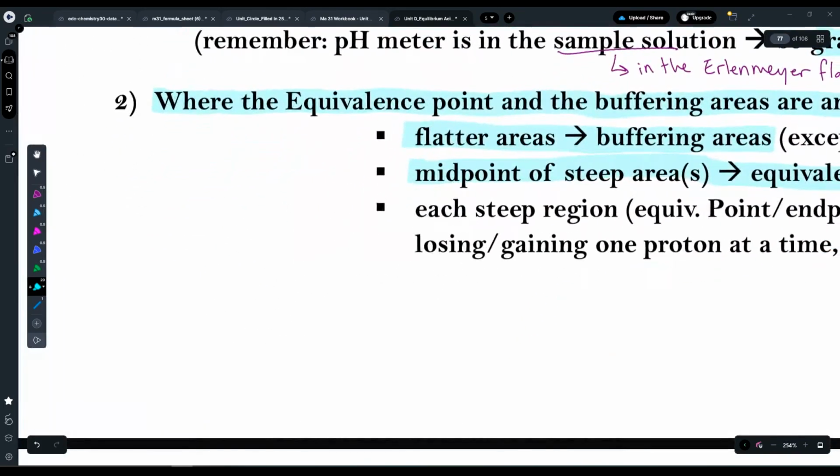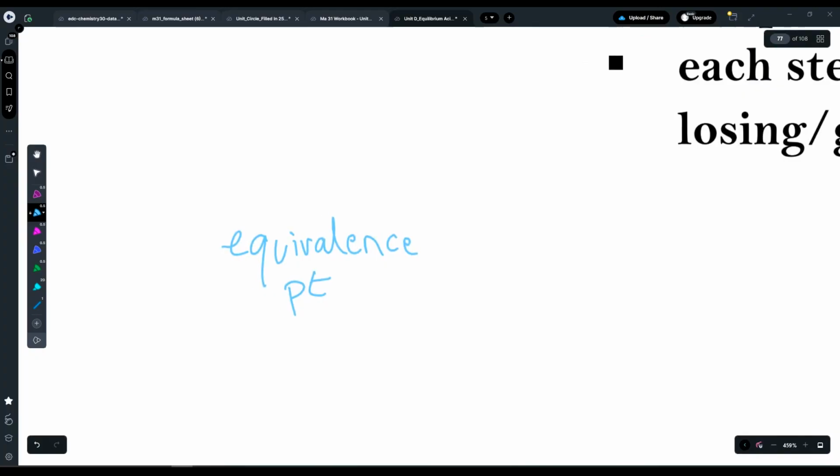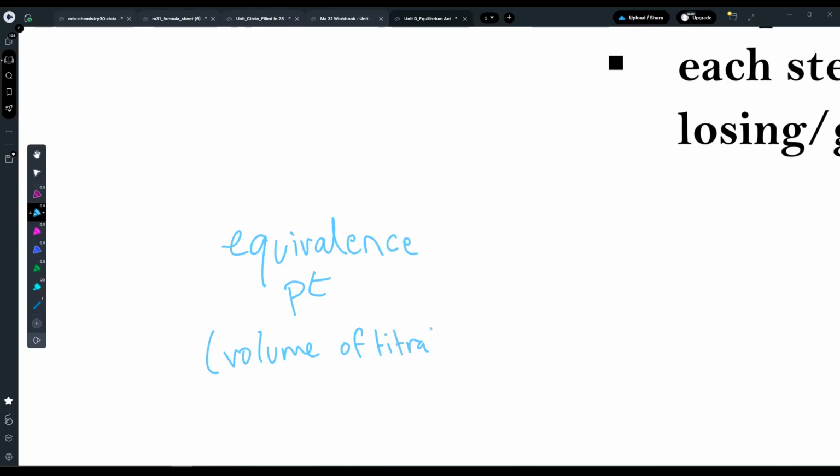Okay, so let's write out what I said as a little note here. The equivalence point specifically refers to how much volume of your titrant that you've used, and that's usually in milliliters.